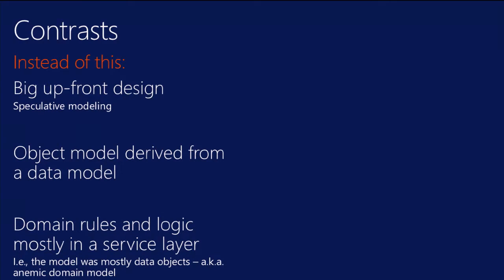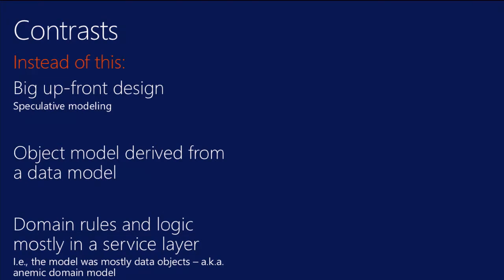So what remained of the model, the object model, was mostly data objects, which makes sense because it was derived from the data model. This is known as an anemic domain model, a domain model that is empty of all the interesting things that you find in the problem domain, rules and logic, constraints, and so on.